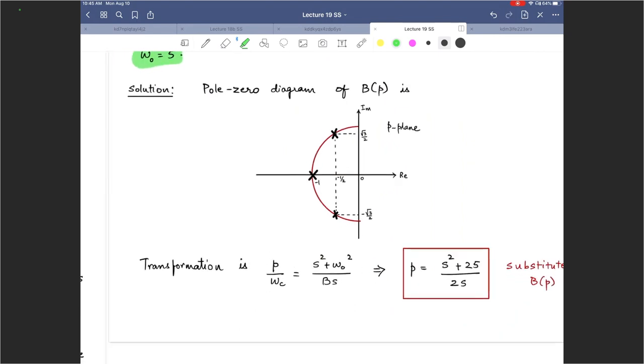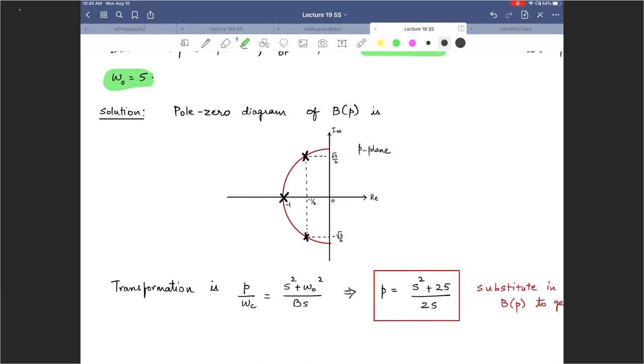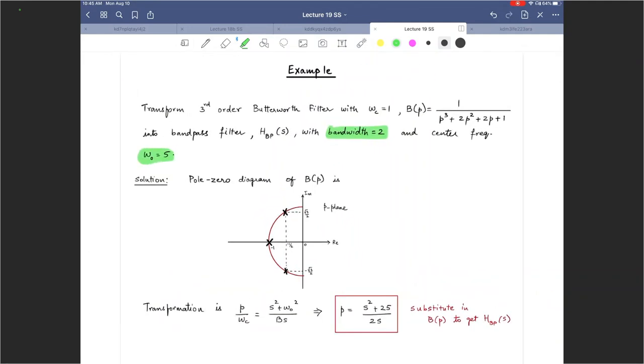Where are those poles located? It's a third order filter, so of course you have 3 stable poles in the left half plane. Those are located depending on what omega sub C is. In the previous lecture, we saw where those are located, right? They are located at omega C away, so it is 1 away from the origin.